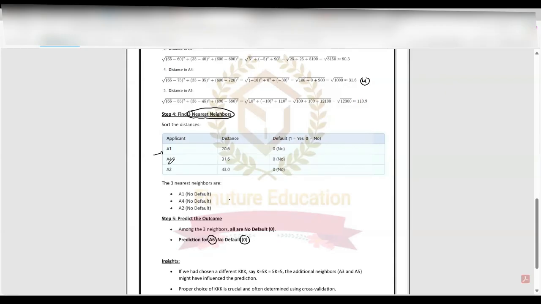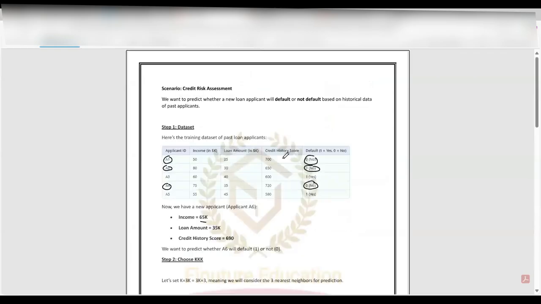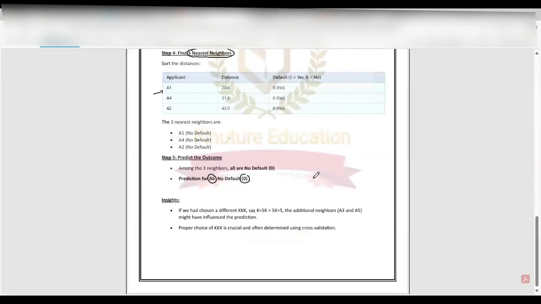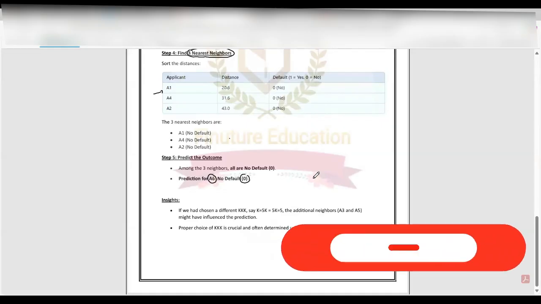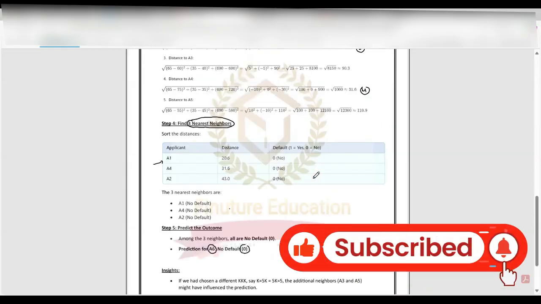Over here it was quite straightforward because all three data points were no default. You immediately concluded that your new application won't default. But had this A4 been default, what would have been the situation? Ideally, this question should have come to your mind, so start thinking in that way.